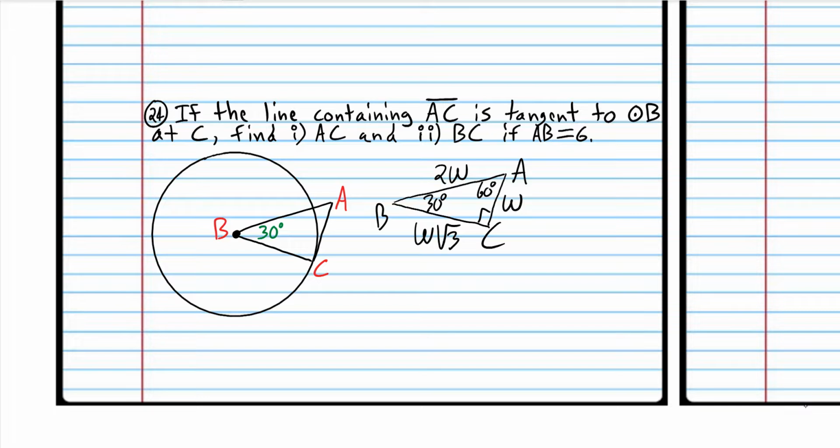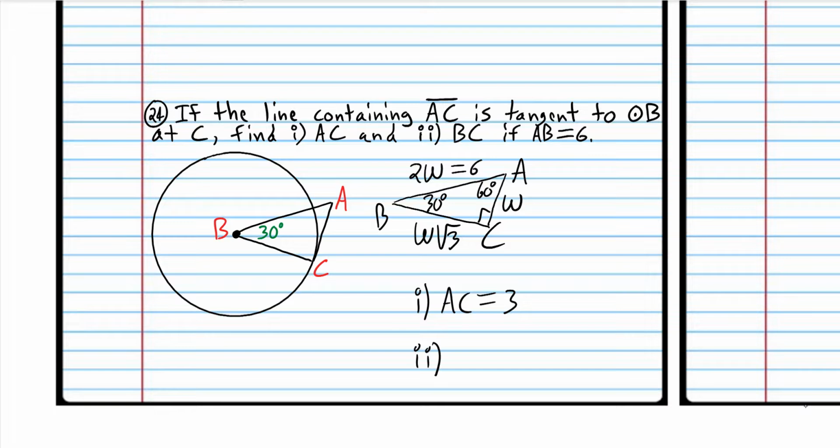But we're told that this side is 6. So we're told that that's equal to 6. So this side must be half of that side. This side must be 3. So AC, that's part 1, AC is equal to 3.